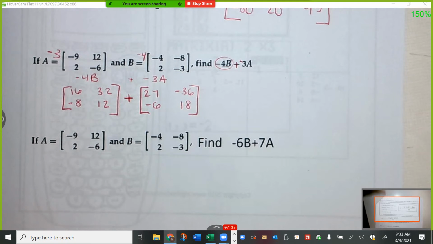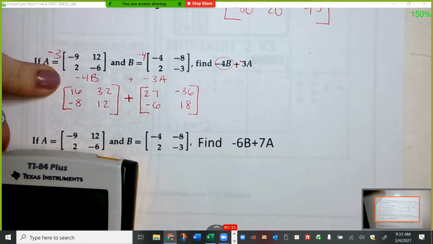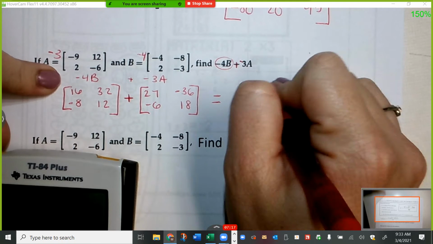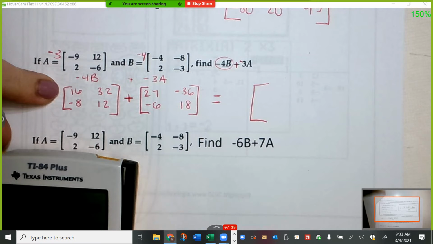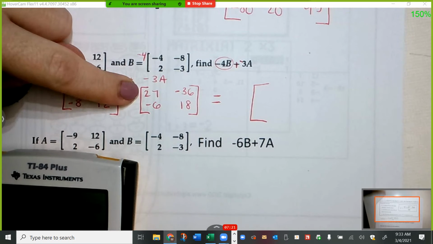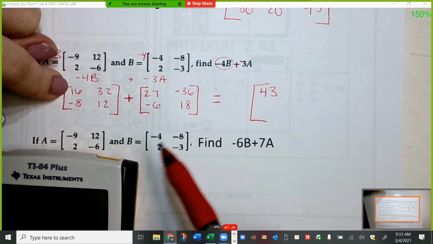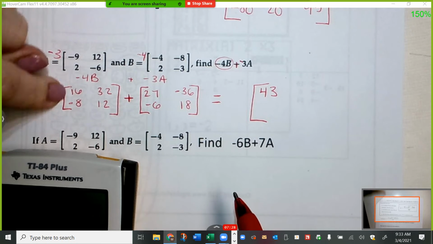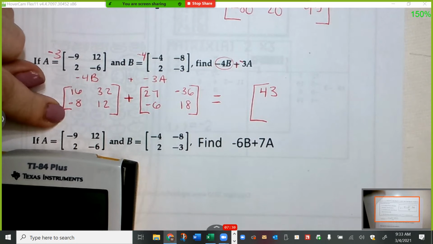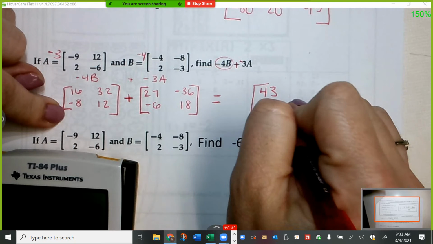So now we can just add them. 16 plus 27, remember they have to be in the same spot, which are both row 1, column 1. So then row 2, column 1 would be negative 8 plus negative 6, which is negative 14.